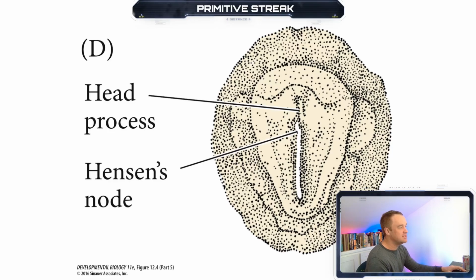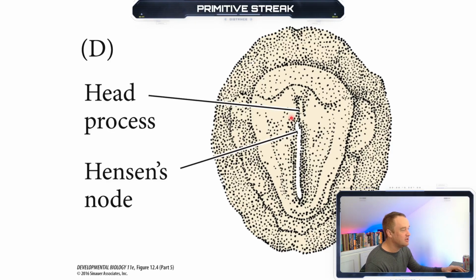So cell movements of the primitive streak, I'm reading the title again. Formation of the notochord and the mesoderm somites are shown here. So we have Hensen's node again, and we have the head process up at the top.